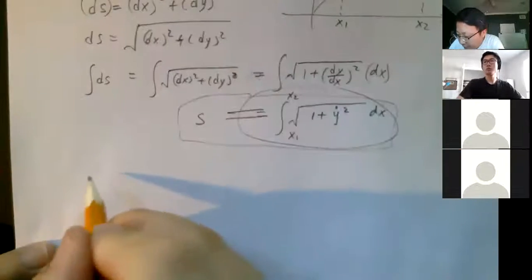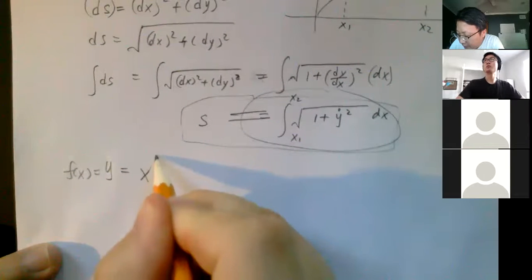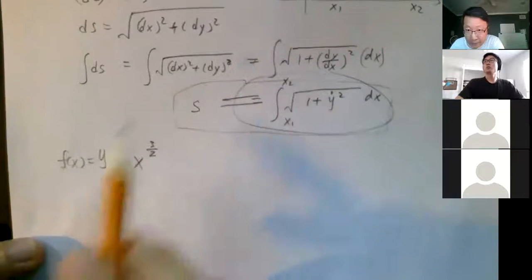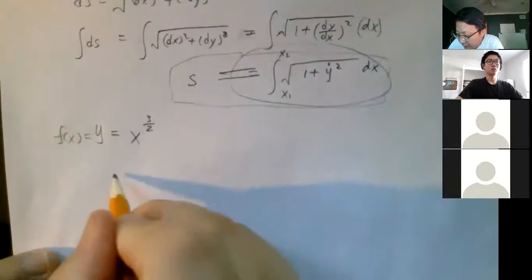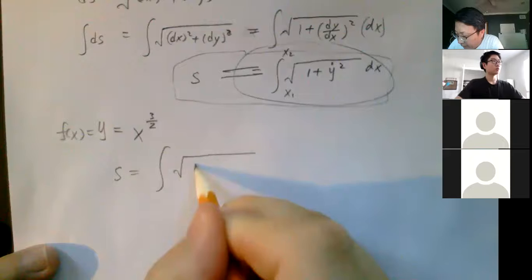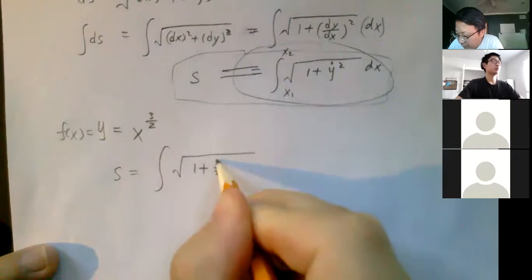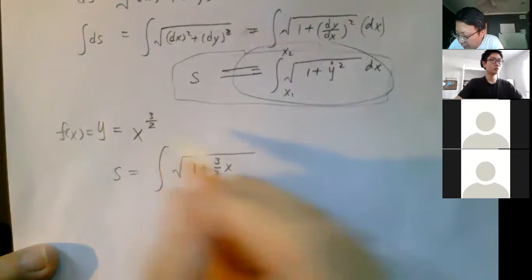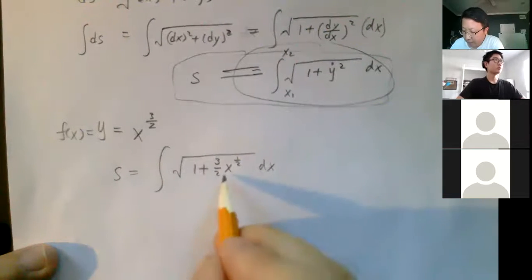If y equals x to the power 3/2, can I get the general formula for how the length is calculated? Then the arc length equals the integral of the square root of 1 plus this function's derivative squared. The derivative becomes 3/2 x to the power 3/2 minus 1, which is 1/2, dx. Got it?